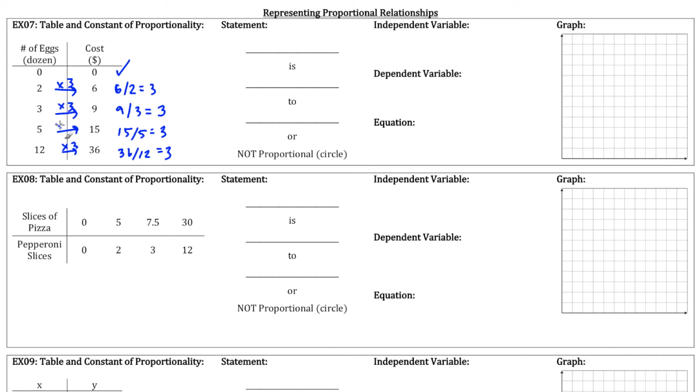So this is proportional. So the cost, remember, is the topic, that's what's on the right, it's what we care about right now in reference to the other. So the cost is proportional to the number of eggs.